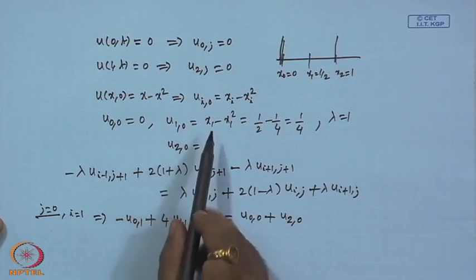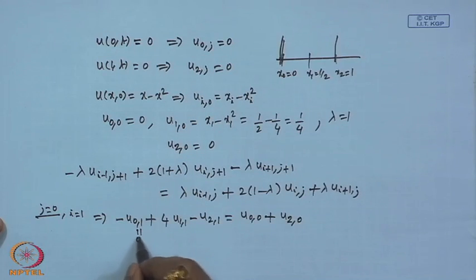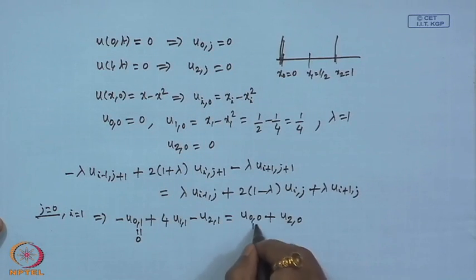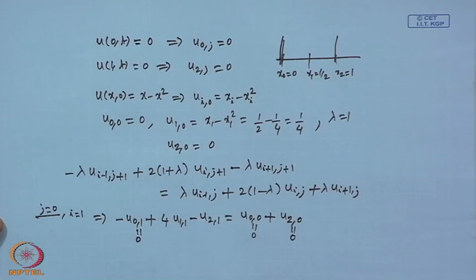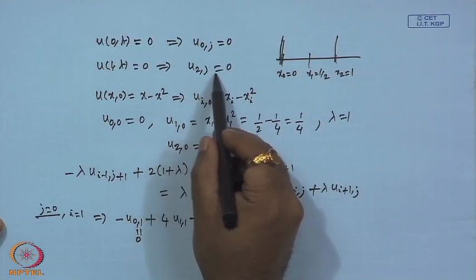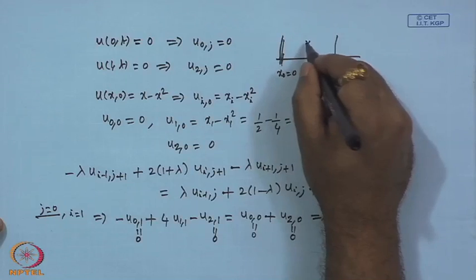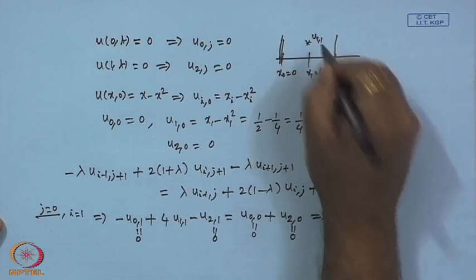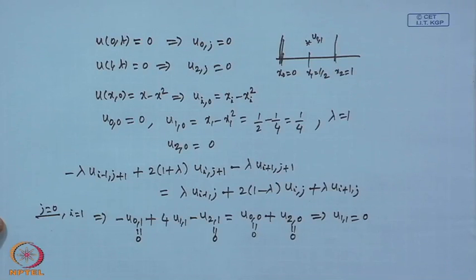However, please observe carefully, u_0,j is 0, therefore, this term is 0. This is 0 and u_2,0 is 0. Right. Then u_2,1, by virtue of this. So, this implies the only unknown is u_1,1. Okay.